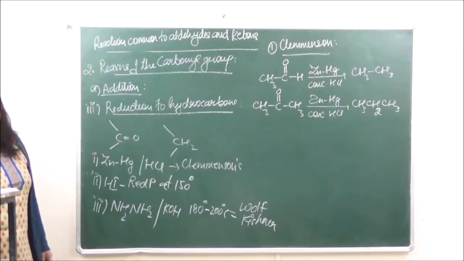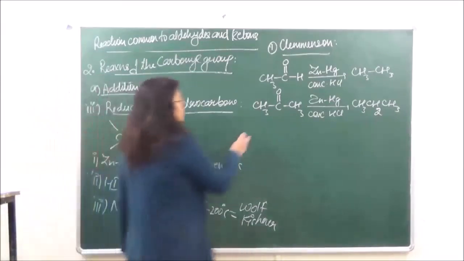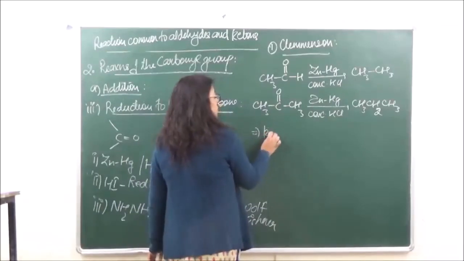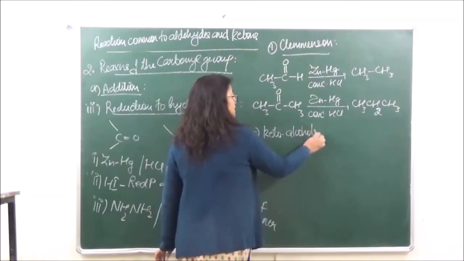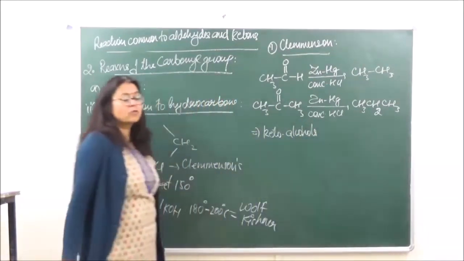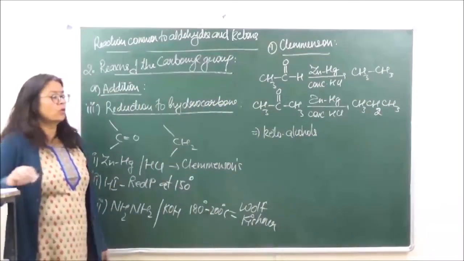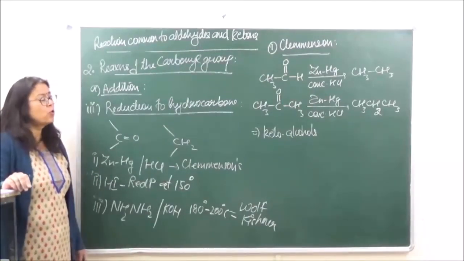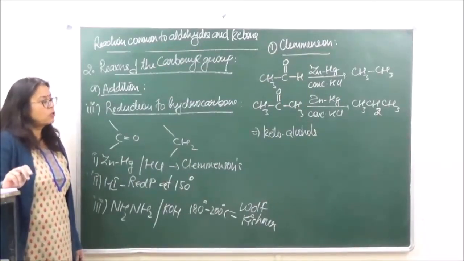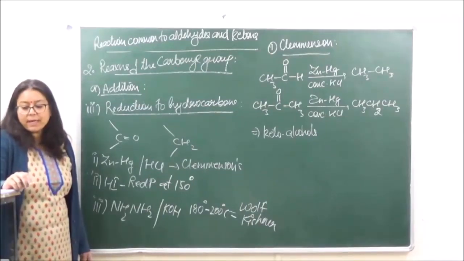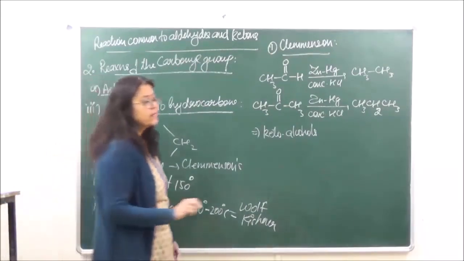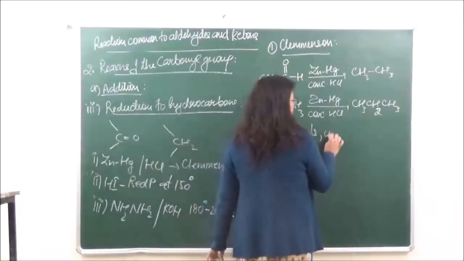Okay. Now remember that Clemmensen reduction is not applicable to keto alcohols. Keto alcohols means that those compounds in which both keto and OH group they are attached. So Clemmensen reduction is not applicable to those. They are not applicable to unsaturated cyclic ketones.